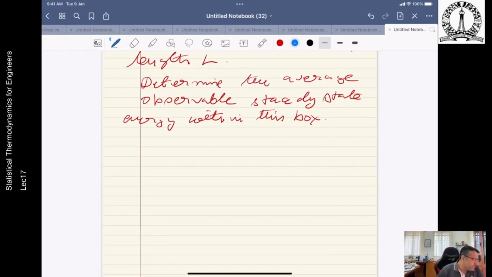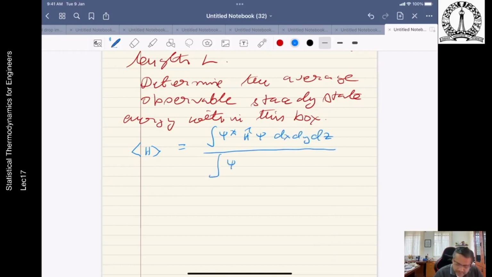Okay, so for any dynamic variable A, we already know the rule here for H. This is for the steady state energy, as we know. This is given as the integral of psi star H hat psi dx dy dz divided by the integral of psi star psi dx dy dz.